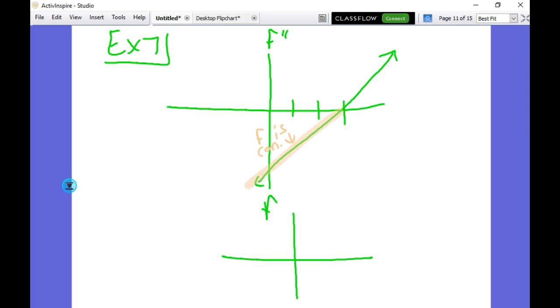And then for the other half of my graph, F double prime is positive, which means that F is what? And therefore, what do we call that root of F double prime? So point of inflection. See if you guys can sketch one. It's got to be concave down everywhere to the left of negative 3, and then it's got to be concave up to the right of negative 3. Oh, positive.